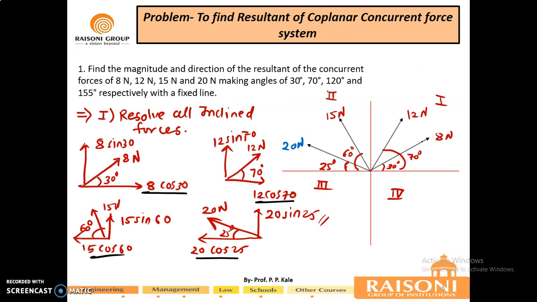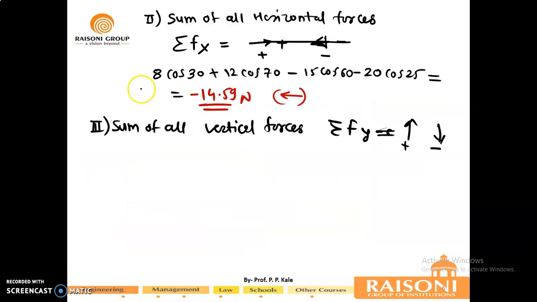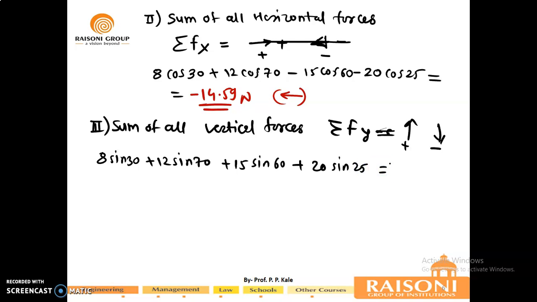Look at all the resolved components, all are moving upward, so all will be positive. 8 sine 30 plus 12 sine 70 plus 15 sine 60 plus 20 sine 25 equals 36.72 Newton.